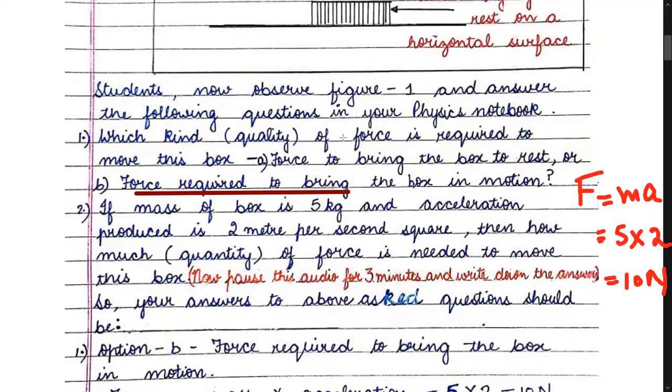So first law is telling us that we need to apply a force to move the body. And second law is telling us that we need to apply a 10 Newton force to move this body with an acceleration of 2 meters per second square. Is it fine?